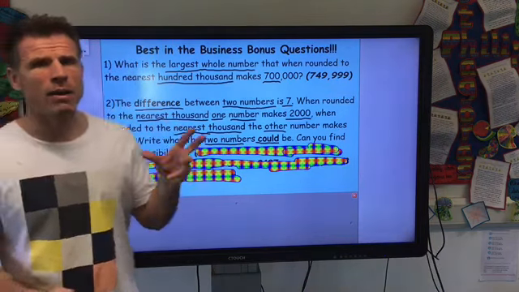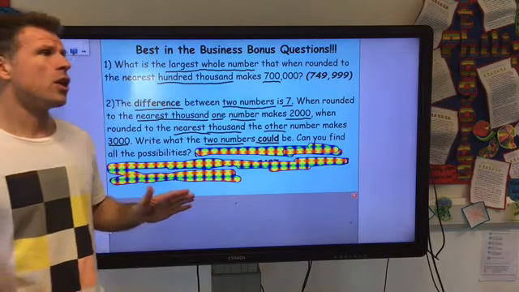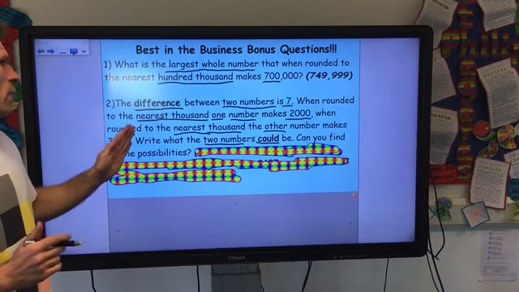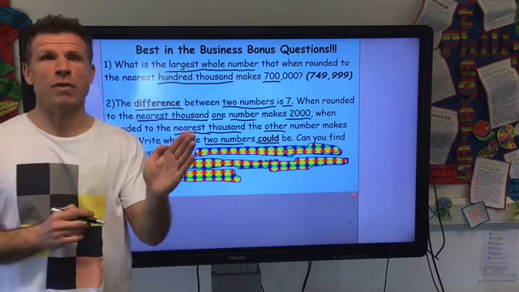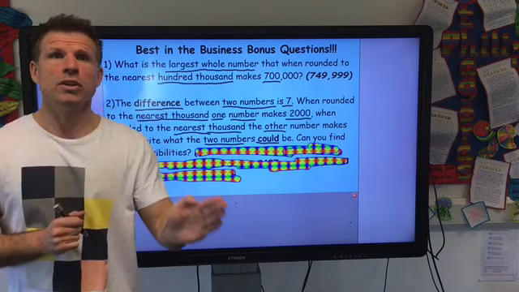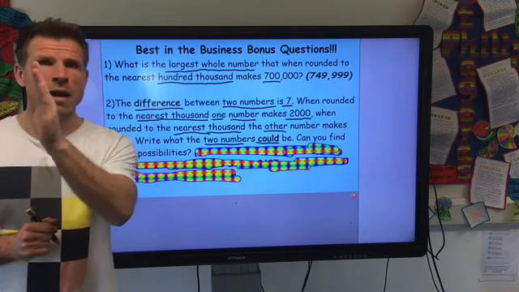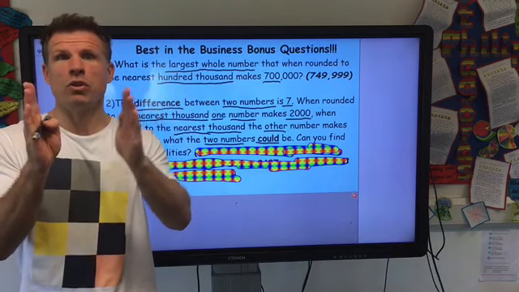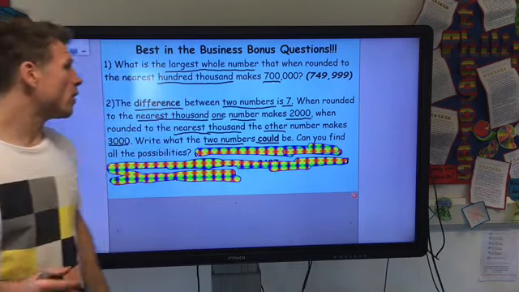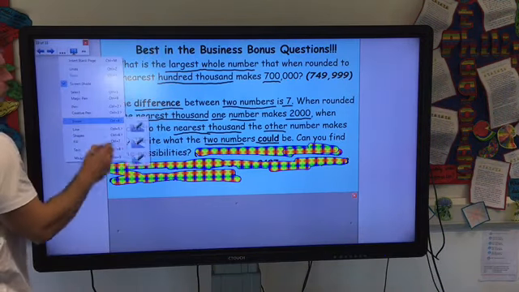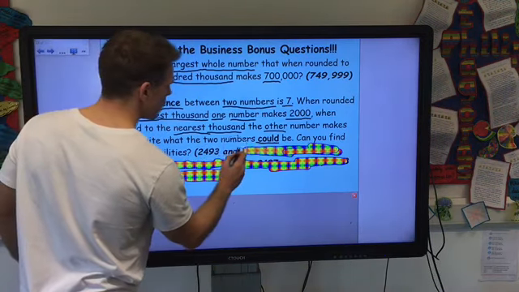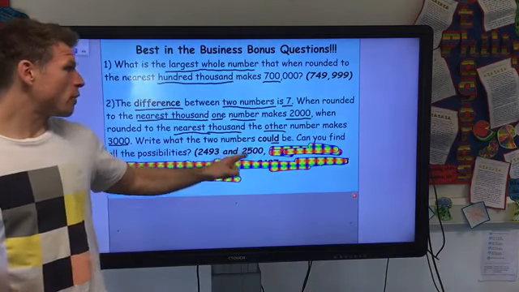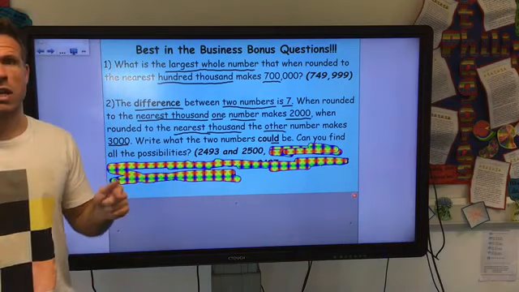I'm going to try and think about this logically so I get all the possibilities. So the smallest number, when rounded to the nearest 1,000, makes 3,000, got to be 2,500 because that's right in between the two, right? So you're going to round that one up. So if I think about a number 7 less than that, that's going to be the lowest number that you'd round down because you can only go 7 apart. So the first one should be 2,493 and 2,500. Right, have a think now if you've not got the answer.